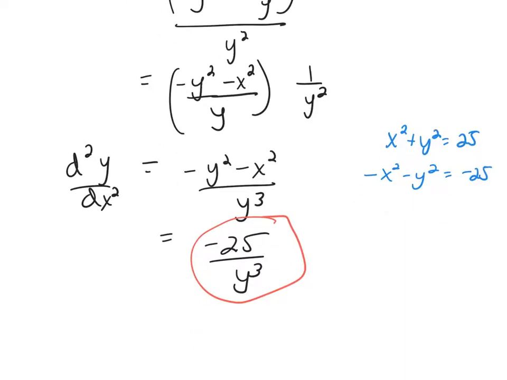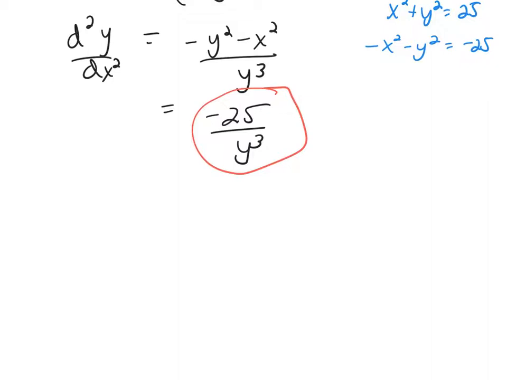So if you're asked for a second derivative, you have to do implicit differentiation not once, but twice. Okay, so don't forget to do it twice. So now let's look at one more problem involving implicit differentiation.